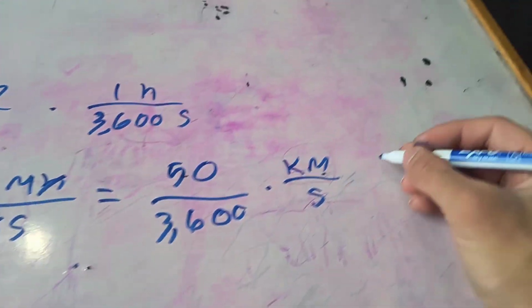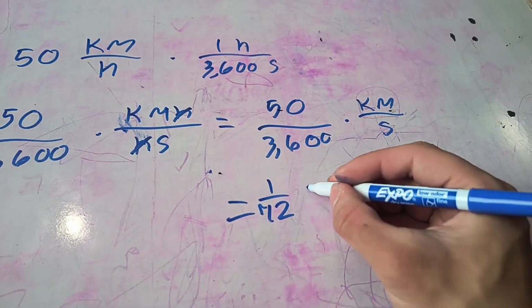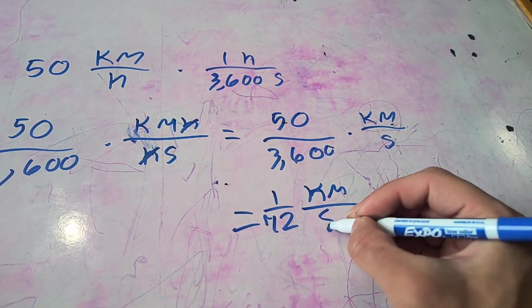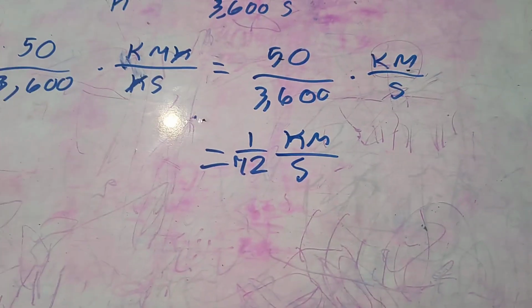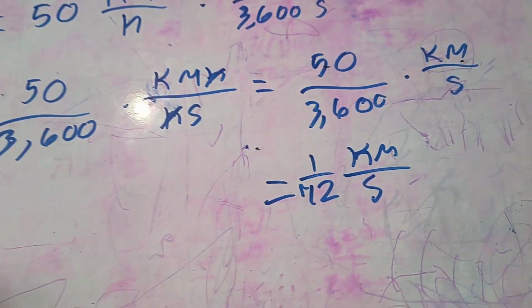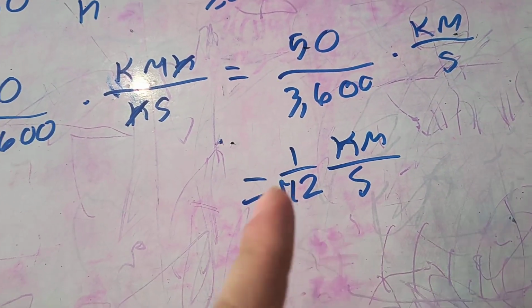So in terms of seconds, we would move 1/72 kilometers a second, which isn't very helpful, I'll be honest with you. Well, actually, no. It could be helpful in some weird way. I bet somebody could find a use for 1/72.